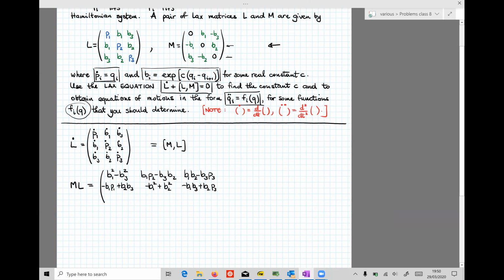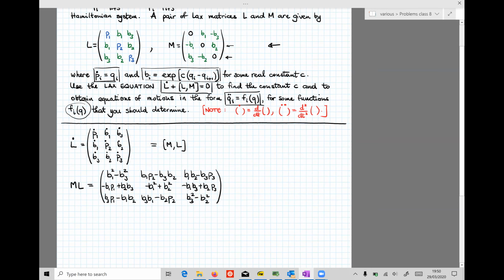Next, third row of M times first column of L, I get B3 P1 minus B2 B1, which I'll write as minus B1 B2. And for third and second, I get B3 B1 minus B2 P2. And then B3 squared minus B2 squared. So that was M times L.